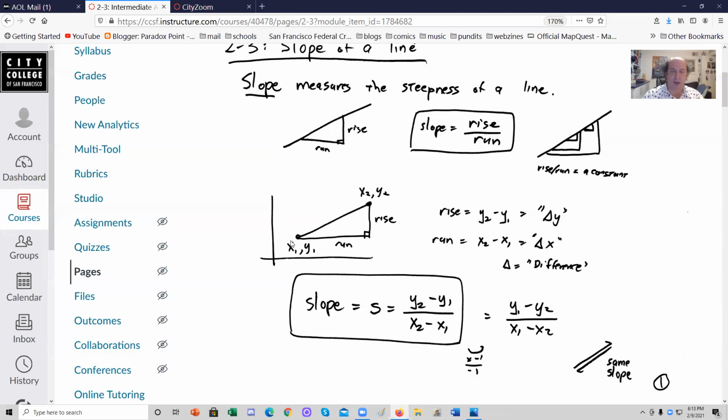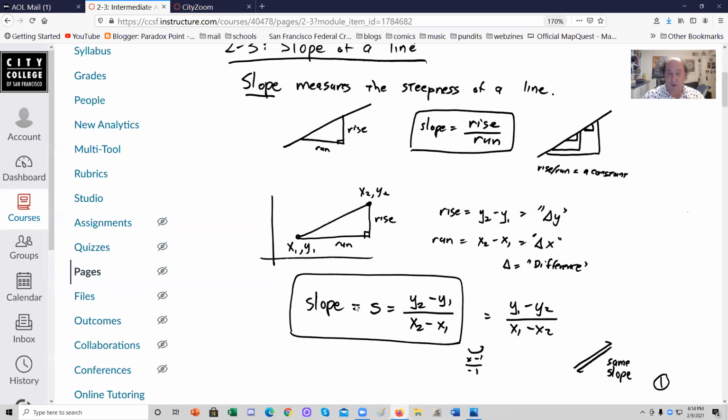Okay, I have 2 points (x1, y1) and (x2, y2). The rise is the difference in the y values, y2 minus y1. The run is the difference in the x values, x2 minus x1. This is denoted delta y and delta x, where delta is a capital letter D in Greek for difference.